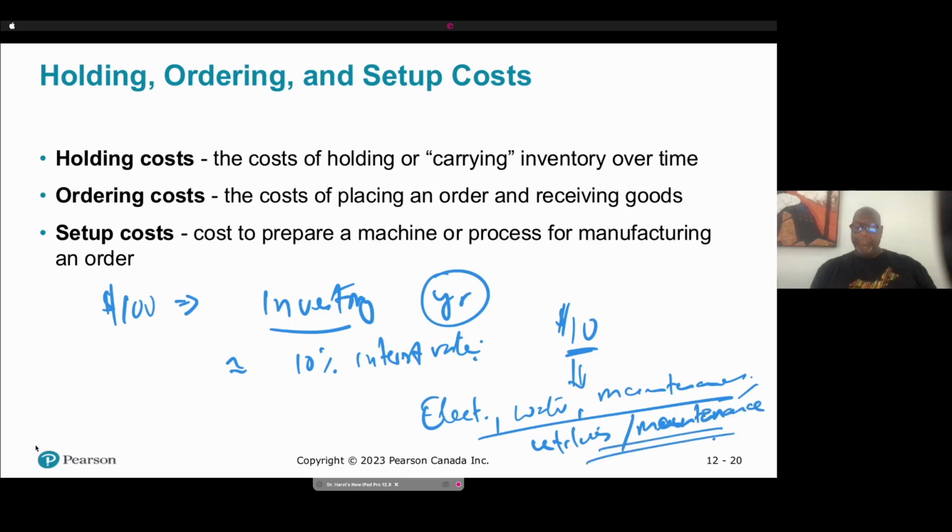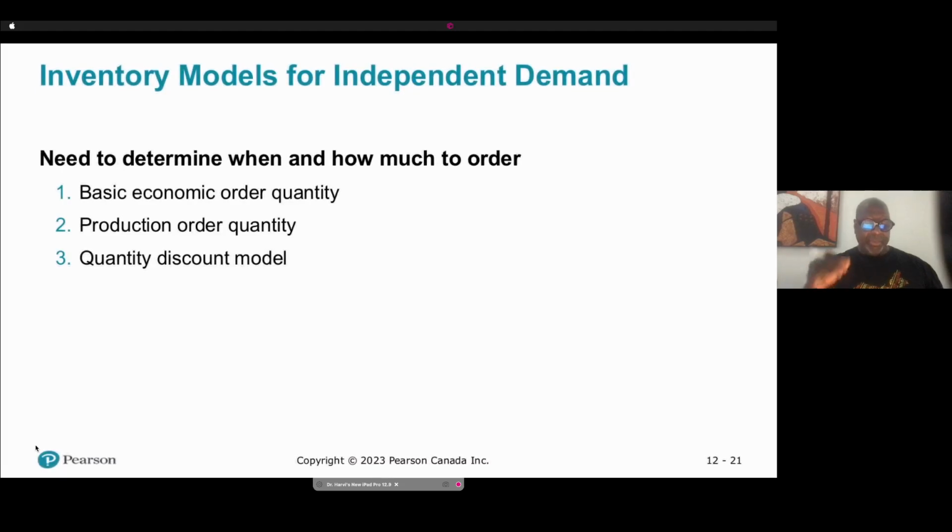So it would not just be the $10, it would be $10 plus these additional costs. Sometimes you have to include insurance. If there's transportation, there's the risk of pilferage, there's the risk of breakage. A certain percentage of the item might get broken. So you have to factor all of these things in.